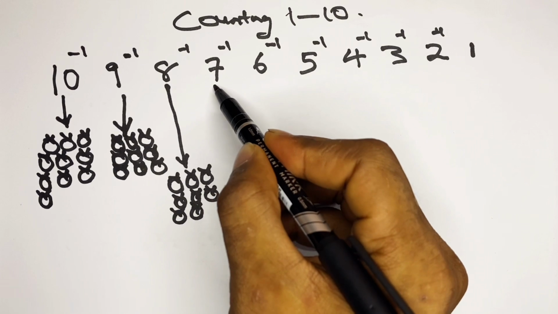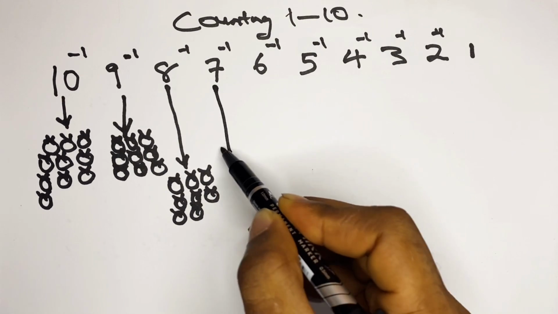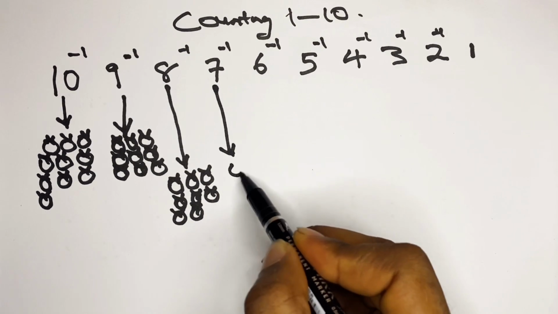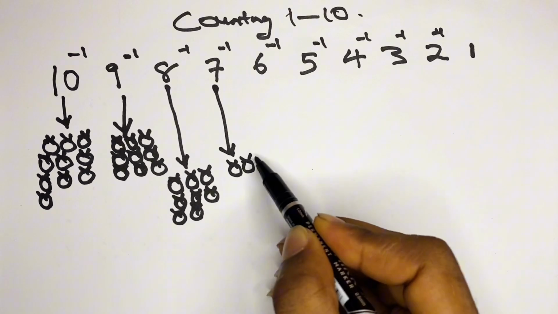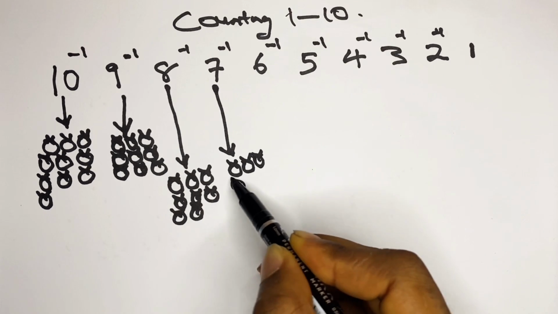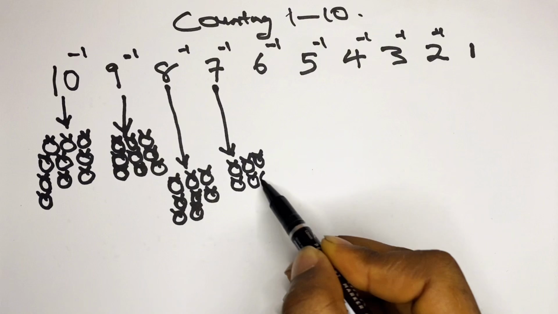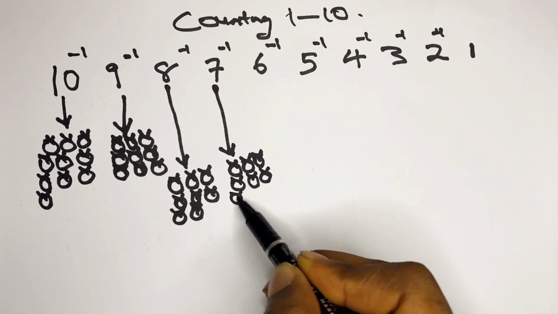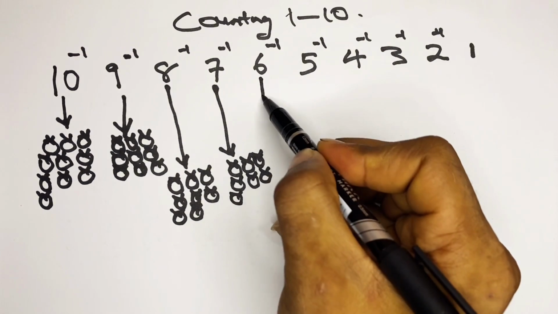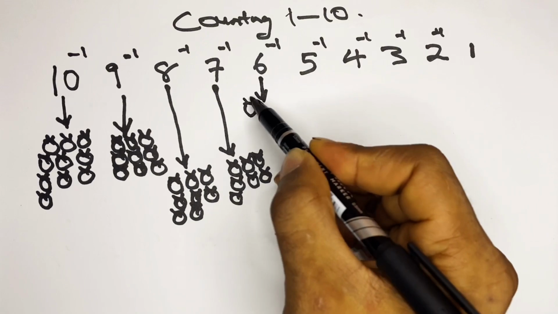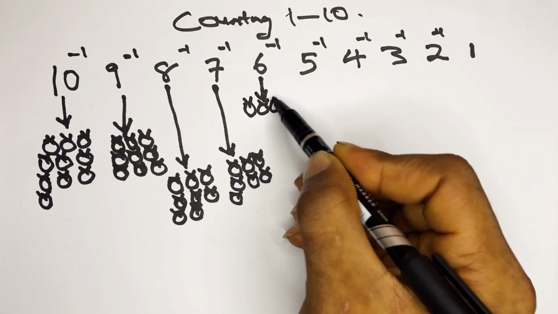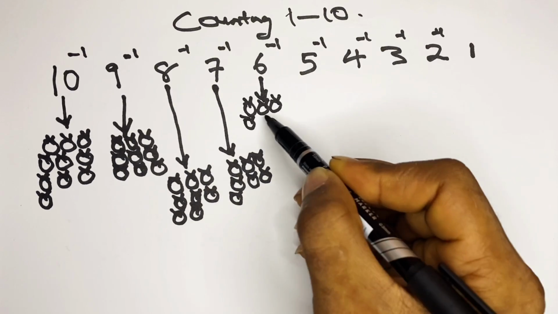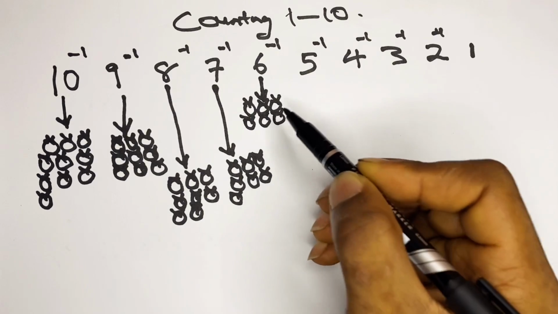So as we begin to go down, the number reduces. 7 tells us that there are 1, 2, 3, 4, 5, 6, 7. 6 tells us that there are 1, 2, 3, 4, 5, 6.